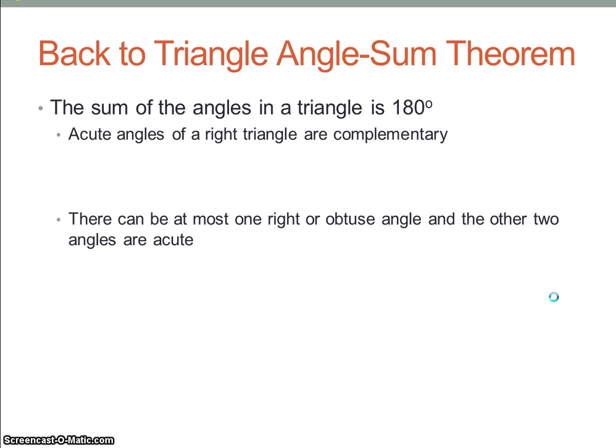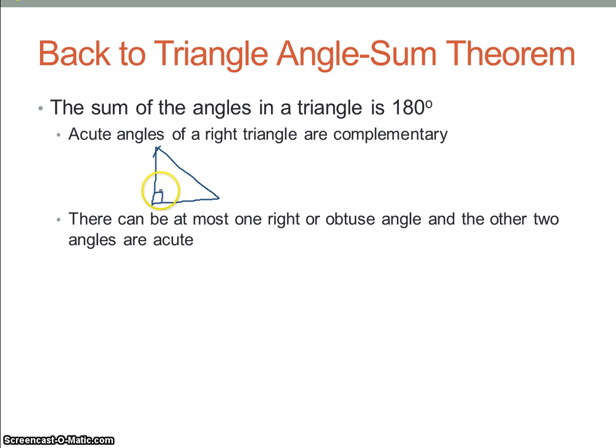Let's get back to that triangle angle sum theorem. That's the one that says the sum of the angles in a triangle is 180 degrees. From that, we know that acute angles of a right triangle are complementary, and that there can be at most 1 right or obtuse angle, and the other 2 angles are acute. So in our acute angles of a right triangle, if we look at this, here's our right angle, so we know that that's 90 degrees.